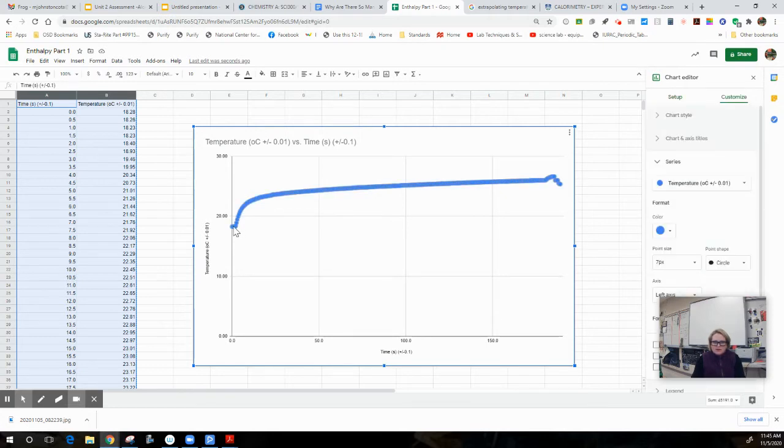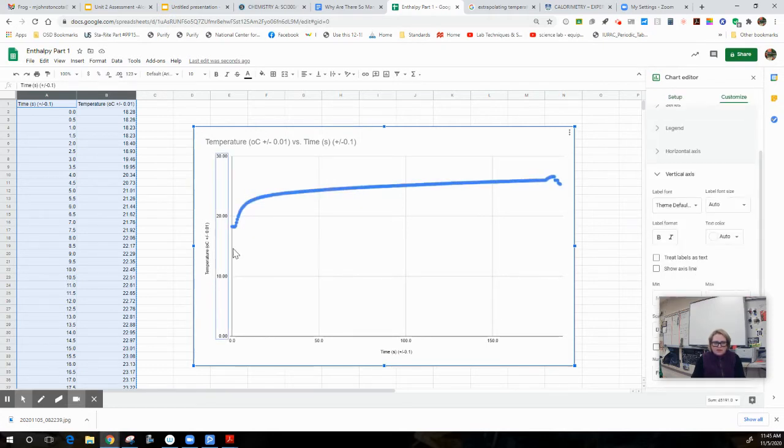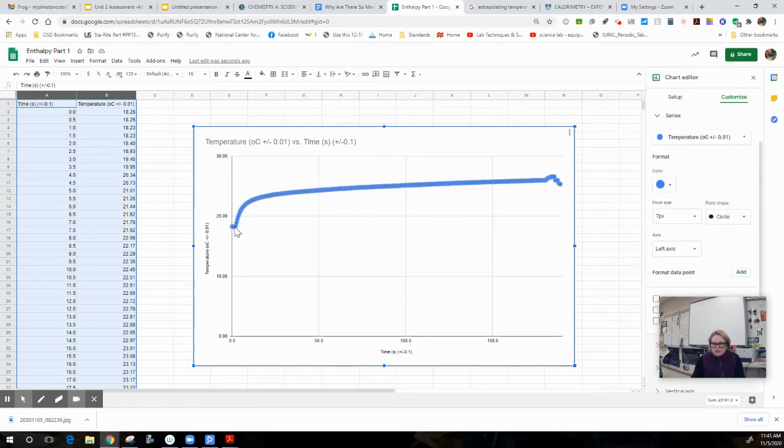And see if I can get that data point highlighted. It's in there somewhere. And then I've got a maximum temperature. And the maximum temperature will be here like this. And I notice right after the maximum temperature, I'm starting to have a pretty steady decrease in temperature at the very end.